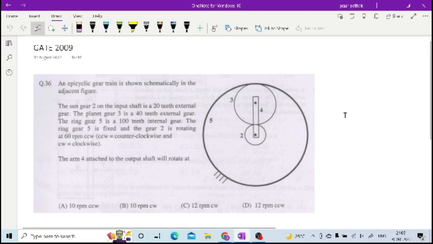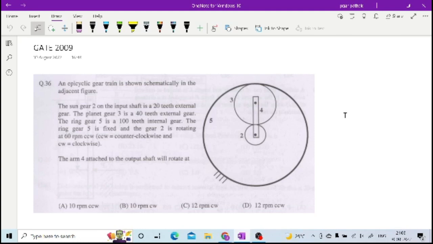In this epicyclic gear train, the data given is that the sun gear is gear 2 on the input shaft, and it has 20 teeth, and it is an external gear because it is in mesh with 3. The planet gear 3 is a 40 teeth external gear because it is in mesh with 2.